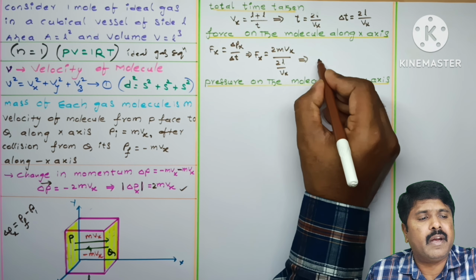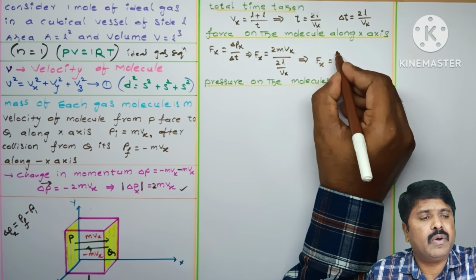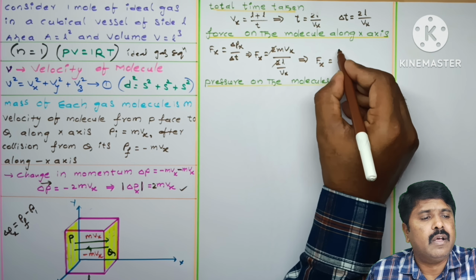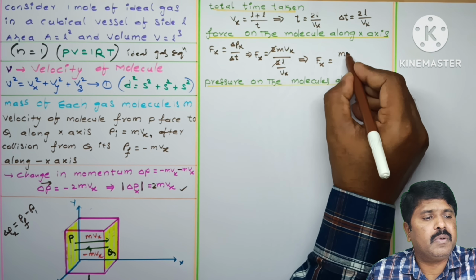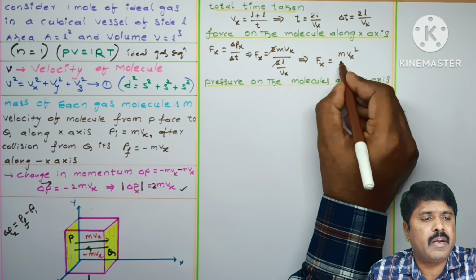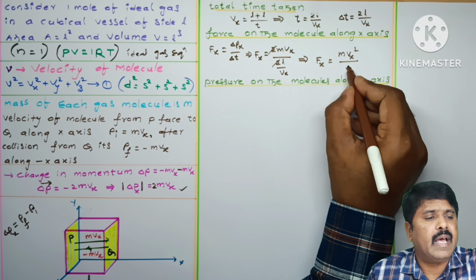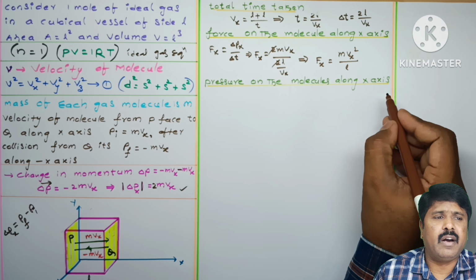So finally we are getting Fx, in which the 2 gets cancelled, so m into vx is vx square divided by L, that is, Fx equals mvx square divided by L. Okay, so I got the force, student.